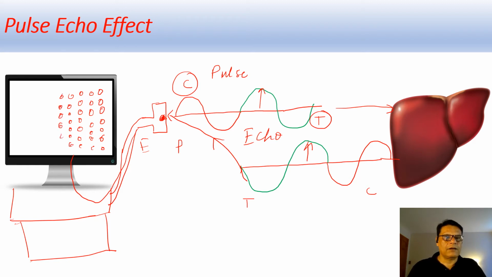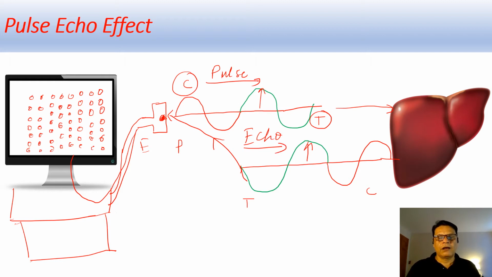And this is called the pulse echo technique, because these echoes are produced as a result of these pulses.